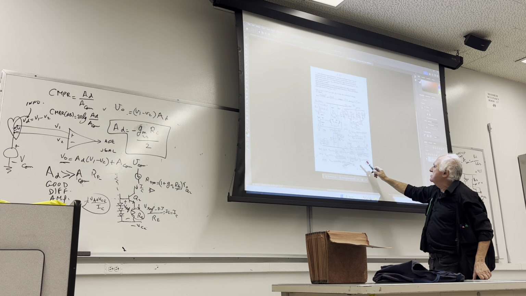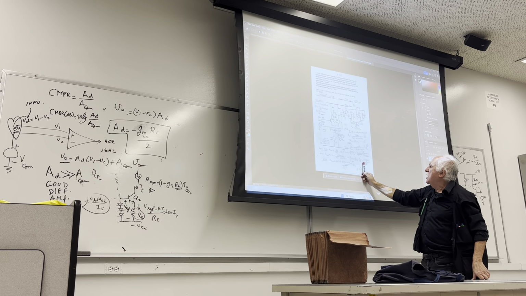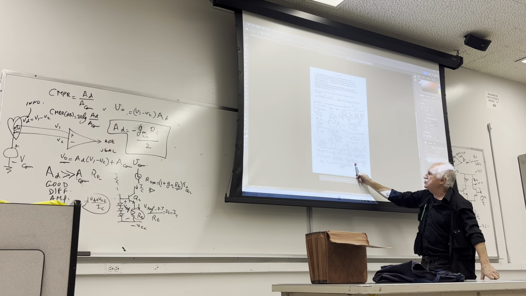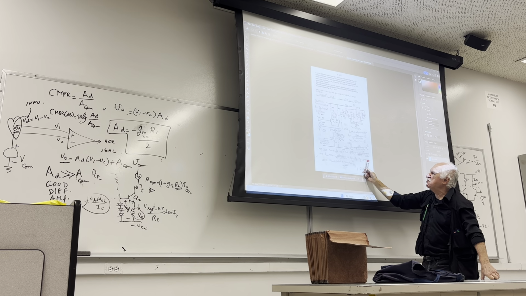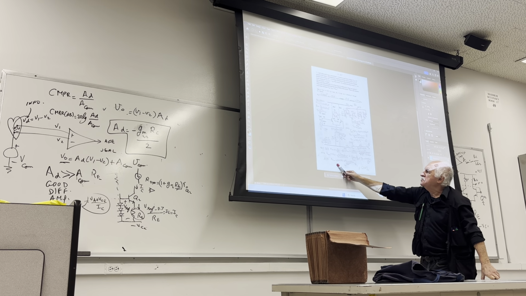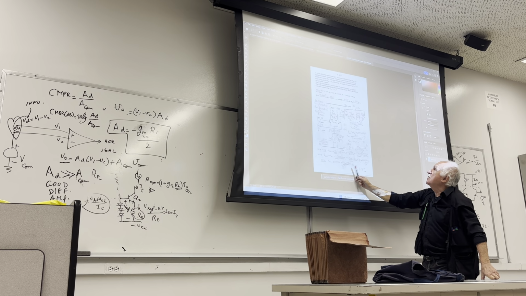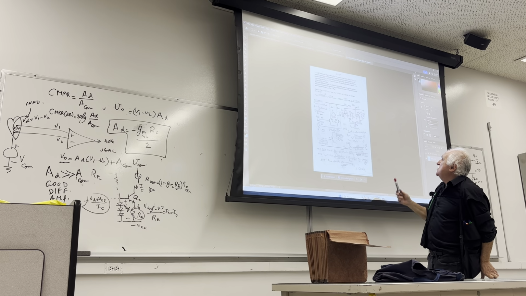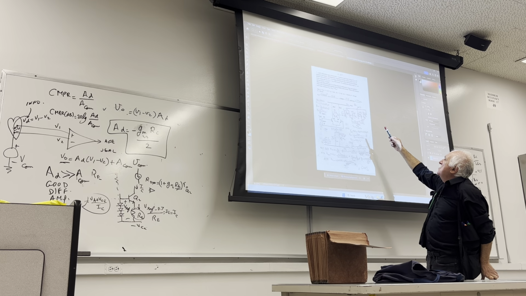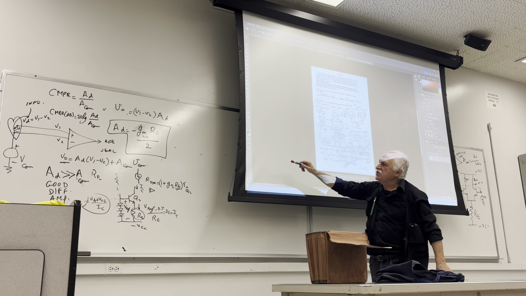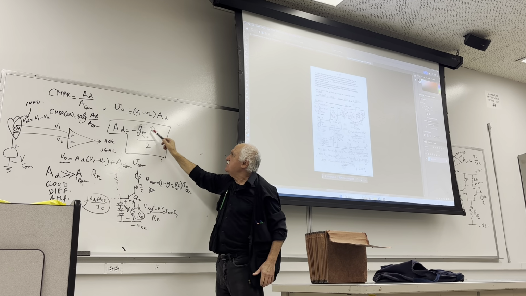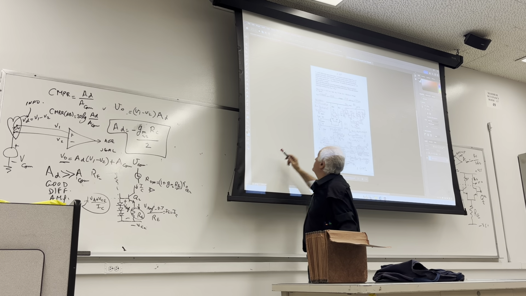So let's see. High common mode input impedance. We usually don't use that one. It's gigantic. And differential gain. Differential gain is GM times RC divided by 2.